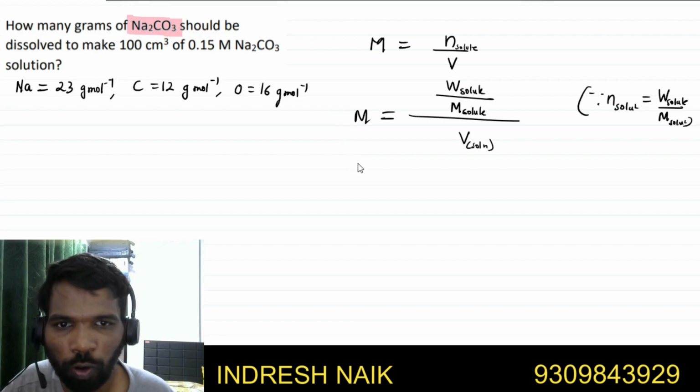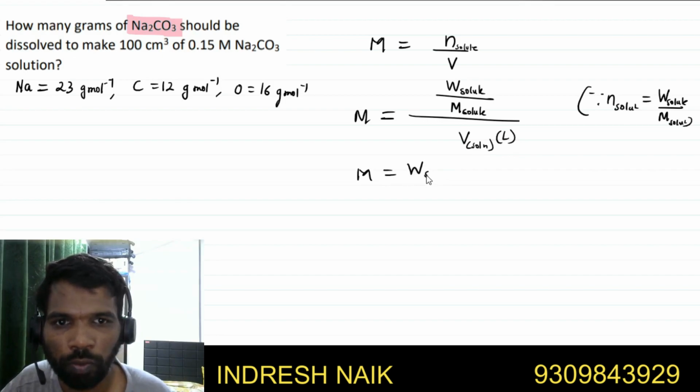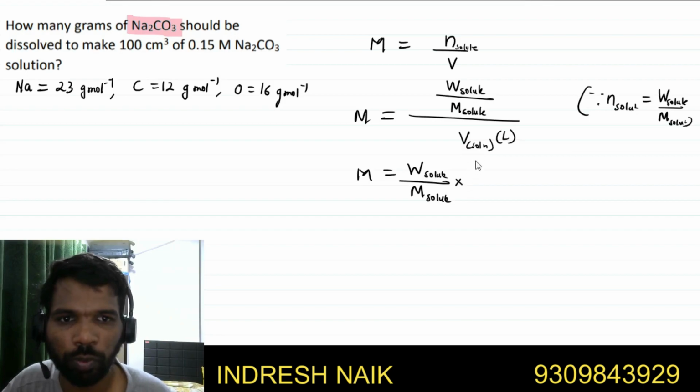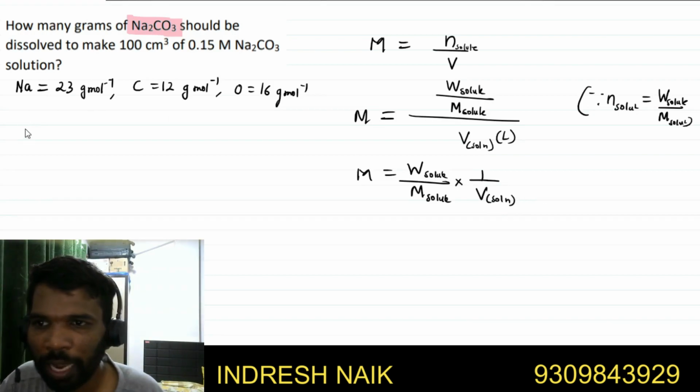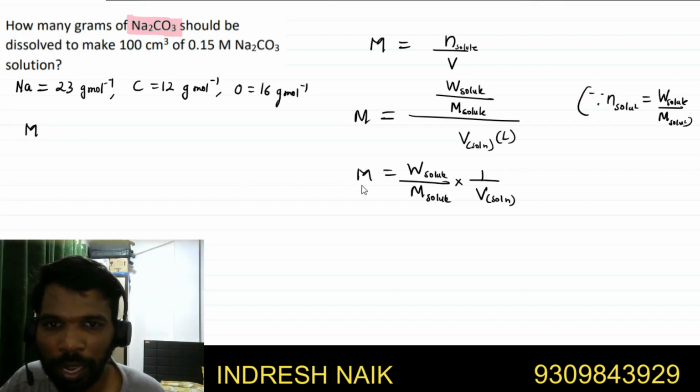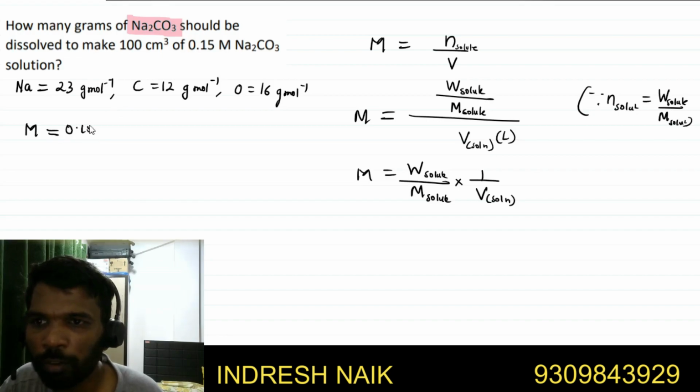So this whole formula changes to molarity equals weight of solute upon molar mass of solute, into 1 by V of solution in liter. Remember, this is in liter. What you are told to find: this capital M is given, it is 0.15.